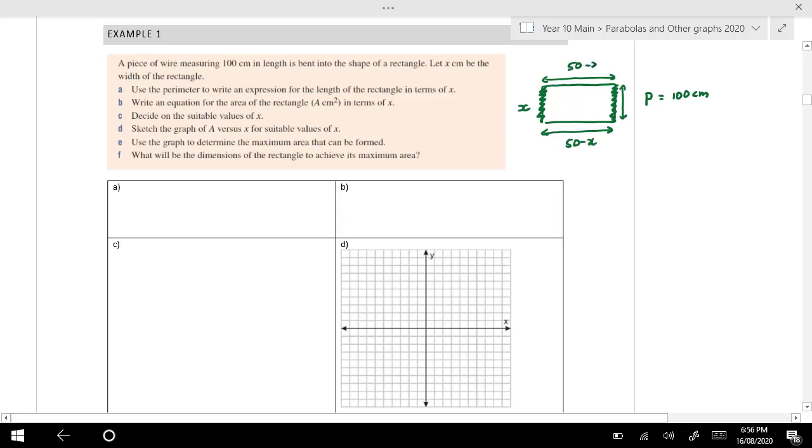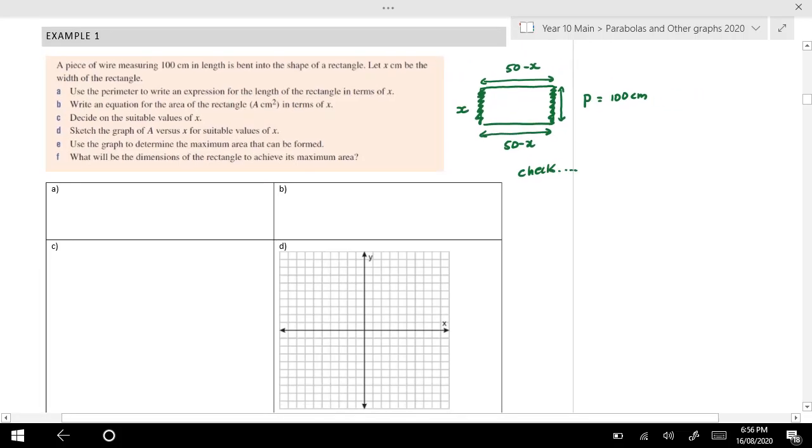Let's check. If I add all of these up together, I should get 100. If I go 50 take X for one side, add the other side, 50 take X, and then add x for the width and another x, you can see when I add those up, we get 100 minus 2x plus 2x.